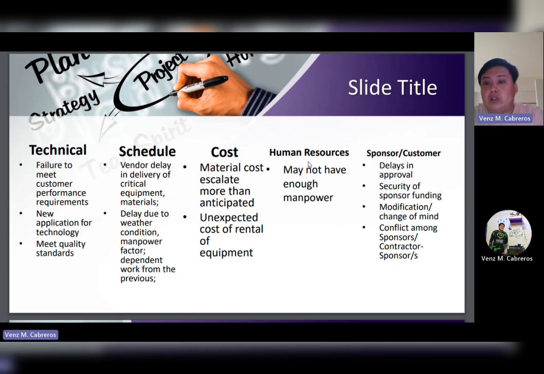Then sponsor or customer: delays in approval from the customer, whether the customer approves what was ordered, or the sponsor takes long to approve. Security of sponsor funding, modification or change of mind, and conflict among sponsors or contractor sponsors.